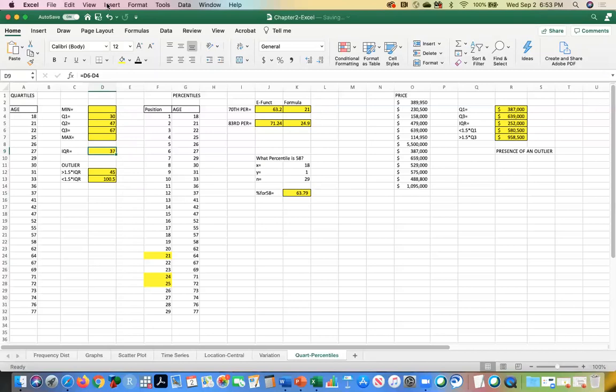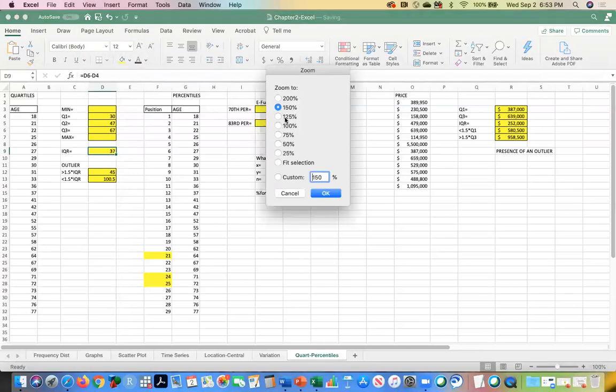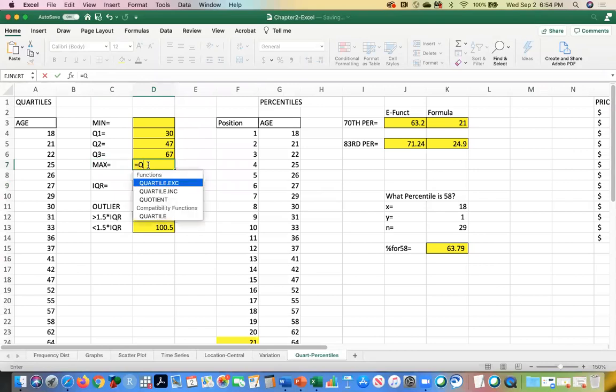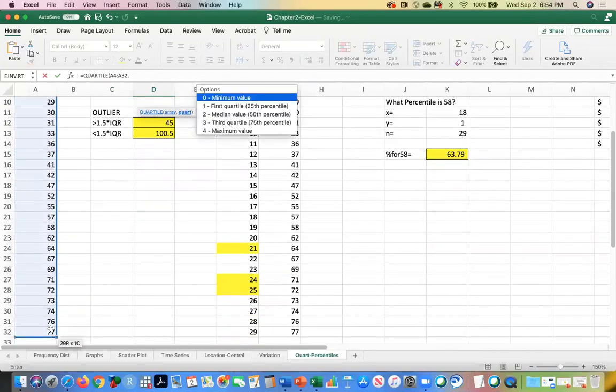So let me make it bigger. So I produce the same values as before. So remember the maximum is the last quartile, right? Quartile comma 4.